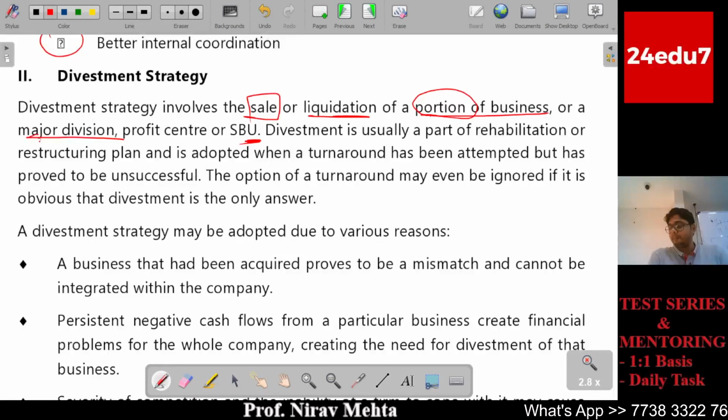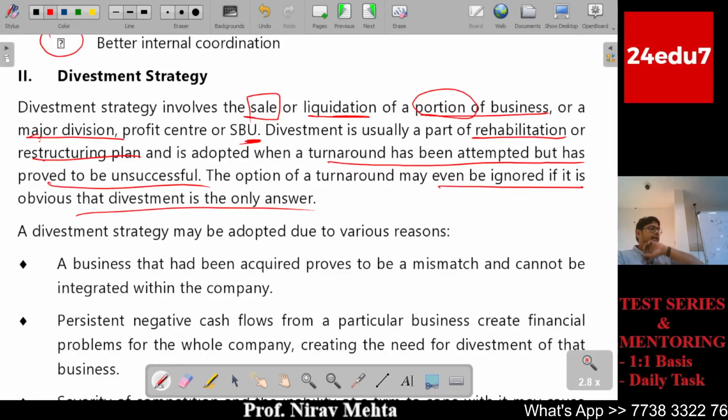SBU, I will explain to you. Divestment is a part of retrenchment, adopted when turnaround has been attempted but proved to be unsuccessful. The option of turnaround may even be ignored if divestment is the only obvious answer.